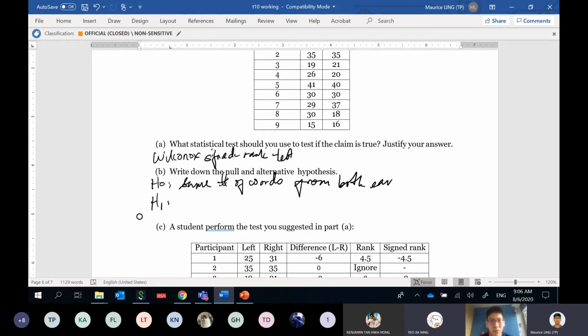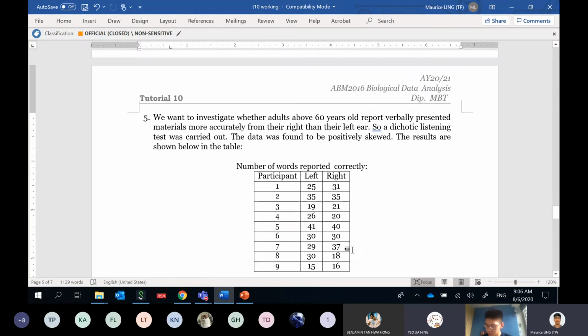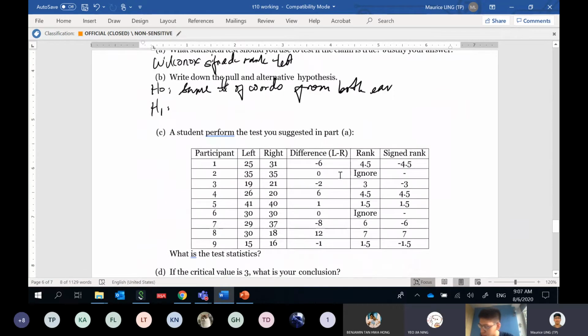Right ear is more, yeah, correct. Because here you want to see whether the right ear is more accurate than the left ear.